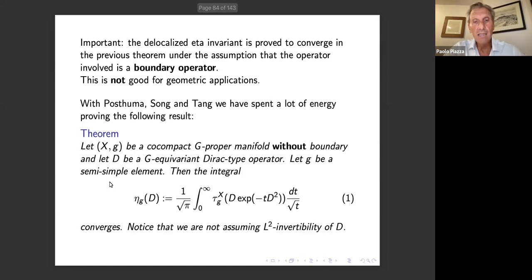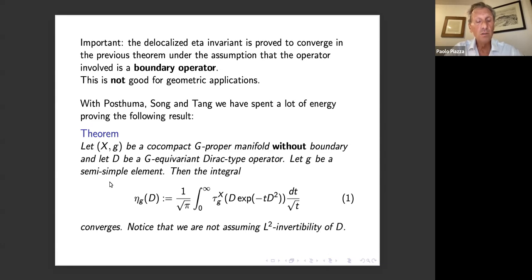Then, of course, you will be interested in bordism invariants, but at the beginning, you need a definition for closed manifolds. And I must say that the next theorem, again by myself, Postuma, Song, and Tang, took us a lot of time, because the convergence, for example near zero, is a very delicate matter. The convergence at infinity is not difficult if you assume L2 invertibility.